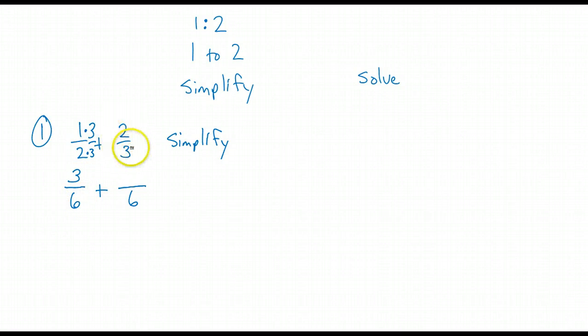In my second fraction, to go from 3 to 6, I need to multiply by 2, which means I need to multiply my numerator by 2 also. 2 times 2 is 4. Again, when I multiply by 2 over 2, I'm really multiplying by 1. The ratio 2 to 3 is equivalent to 4 to 6.